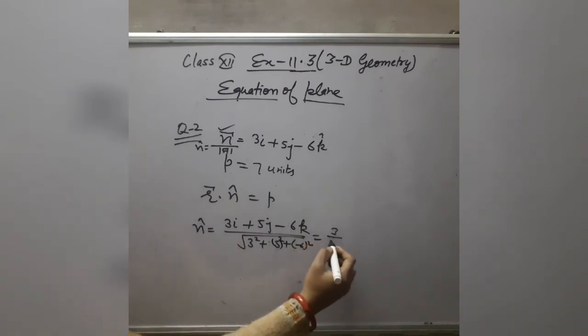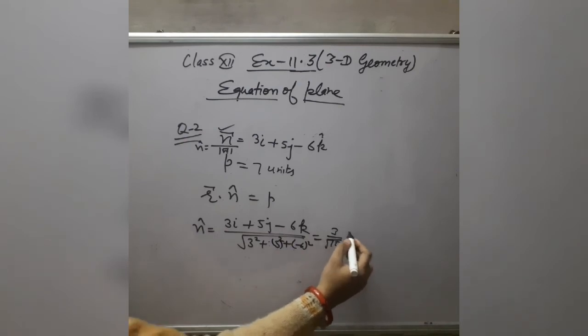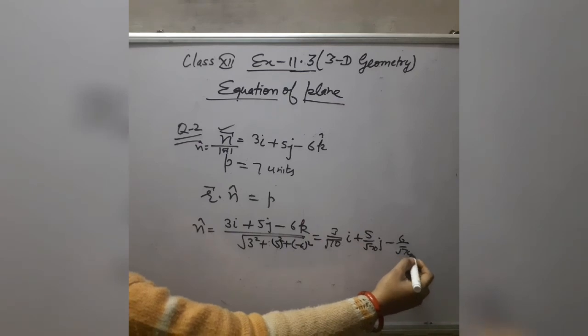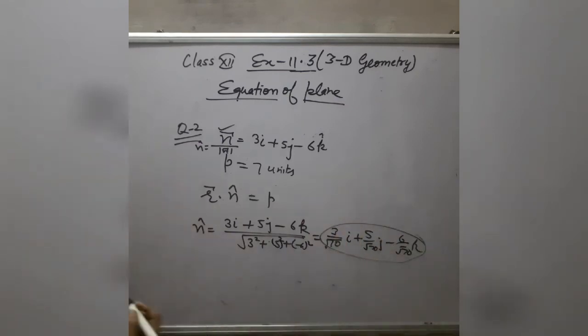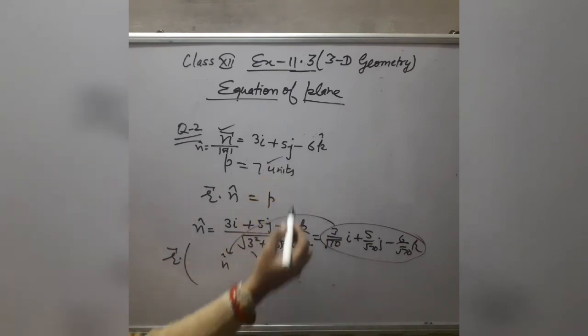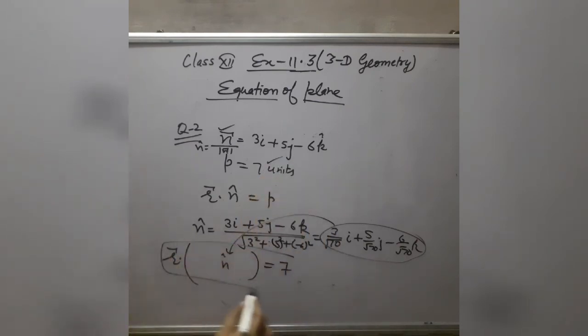So 3 by root 70 i + 5 by root 70 j - 6 by root 70 k, this is the unit normal vector. So what is the equation of the plane? The equation of the plane is r dot this unit vector, equals the perpendicular distance 7. So this gives you the equation of the plane.